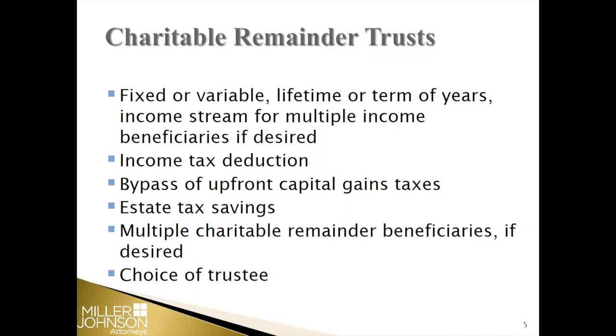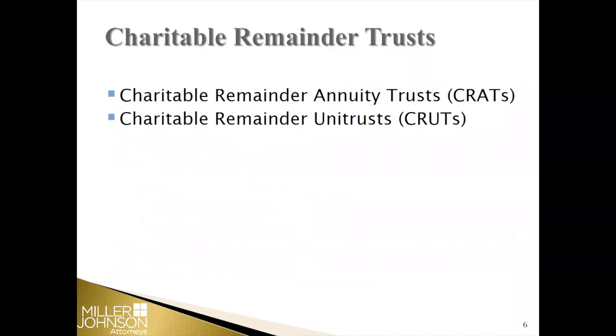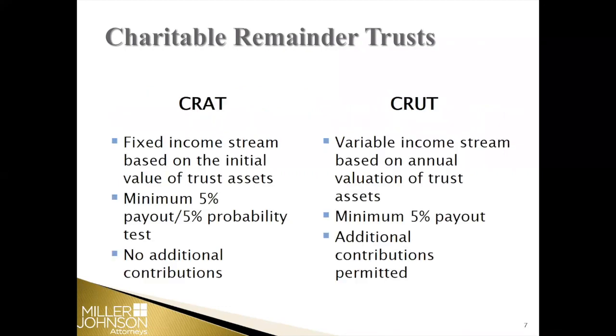So a lot of opportunities here with charitable remainder trusts, great vehicles, and really a wonderful way to help in this time of crisis. We talk about CRATs and CRUTs. There you see how it's broken down.